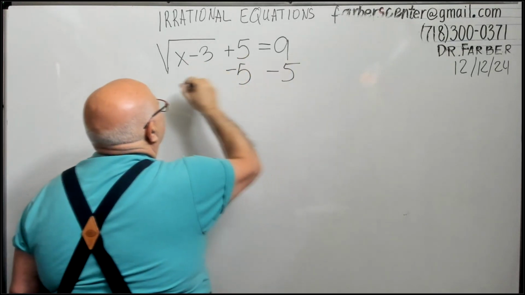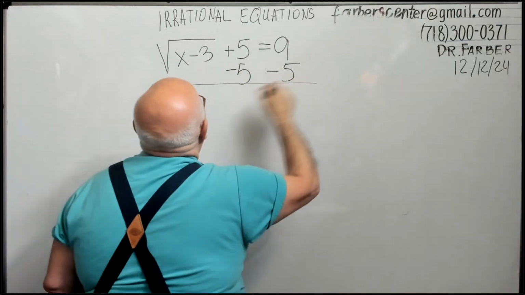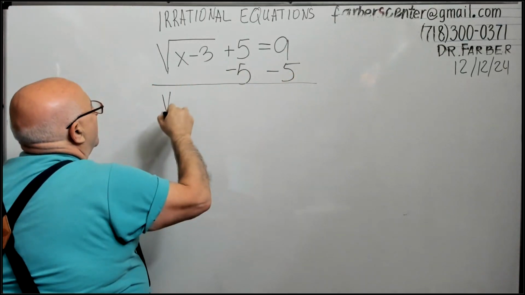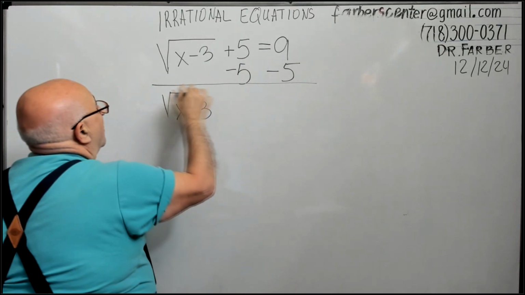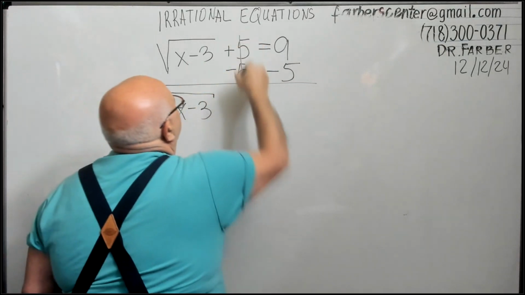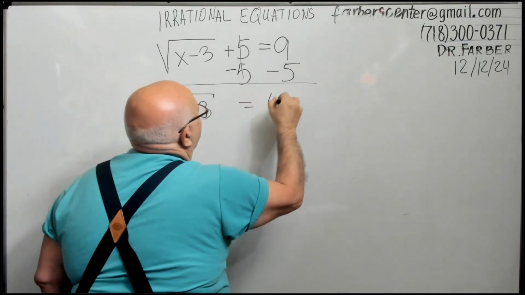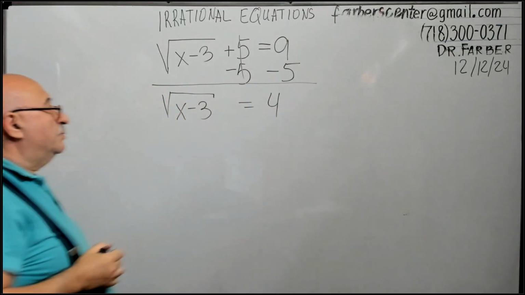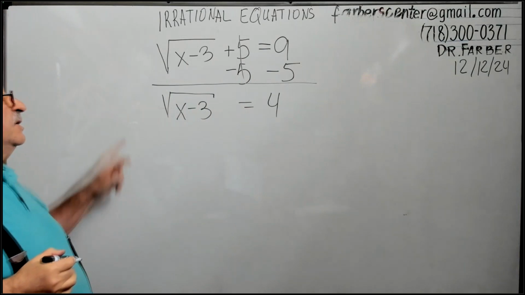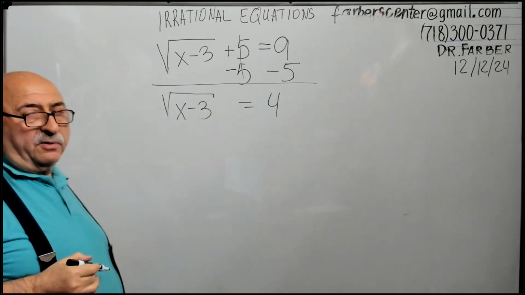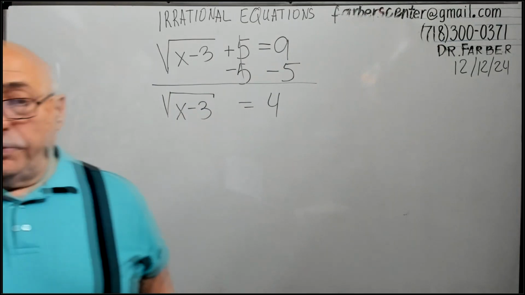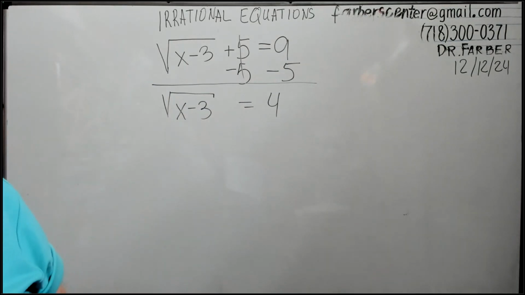I do it very slowly. What I did, I isolated the radical. It's alone on the left part, or right part, whatever. Who understands the step, students? Emma?